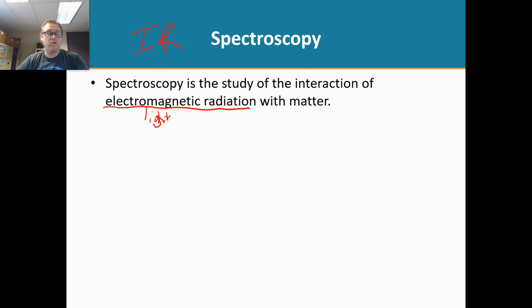And what we're trying to do with IR spectroscopy is to determine and understand the structure of molecules. That's what organic chemists need to know: when they make molecules, what do they look like? What are their structures?